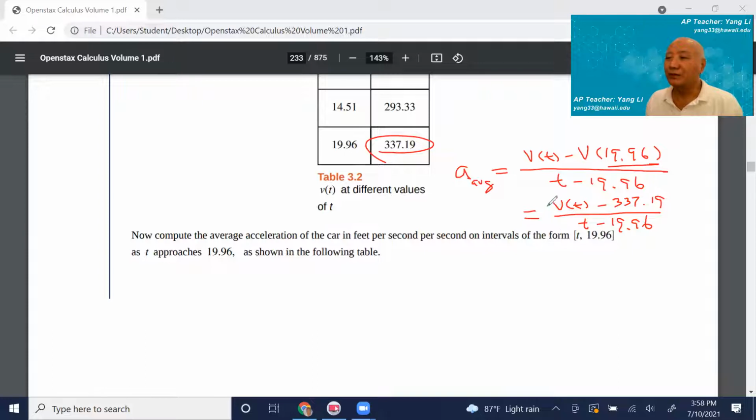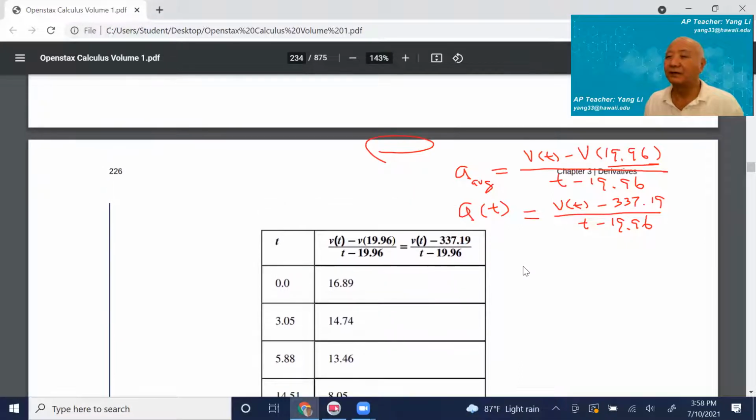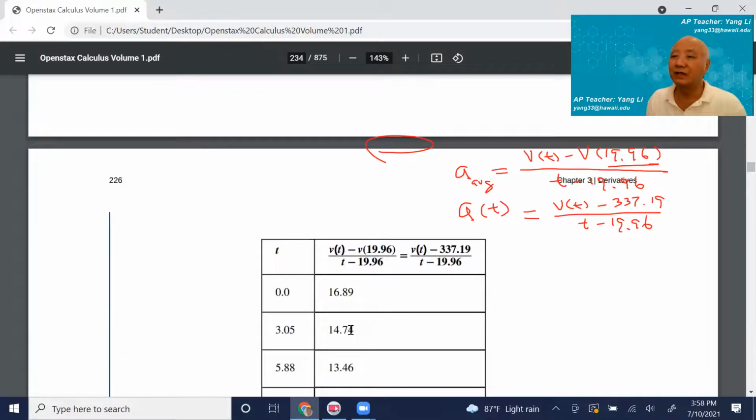This is the average acceleration at time t, which is what they got in the table. But how do you get the value at 0? At t equals 0 means V(0), and V(0) we know is 0. I just calculated one of them for you, so you can get the others by yourself, no problem.